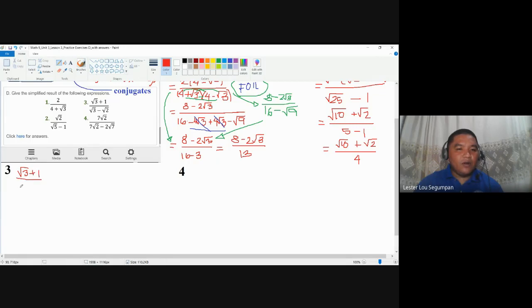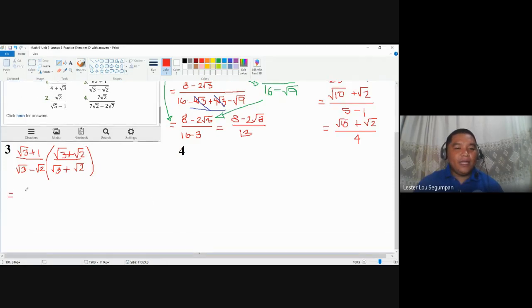Plus 1 over cube root of 3 minus cube root of 2. Either way, we're just simply going to multiply this with a conjugate of the numerator, not the denominator. So square root of 3, you have here square root of 2, and you will use plus. And same here, 3 plus square root of 2.